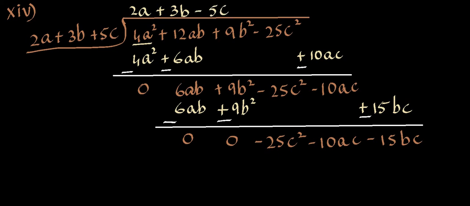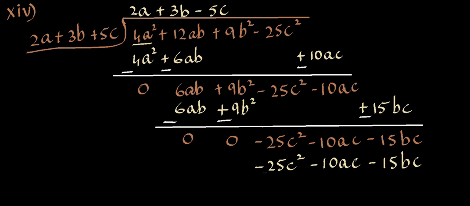Minus 5 multiplied by 2a will give me minus 10ac, which I already have here, minus 10ac. Minus 5 multiplied by plus 3b will give me minus 15bc, and minus 5c multiplied by plus 5c will give me minus 25c square.